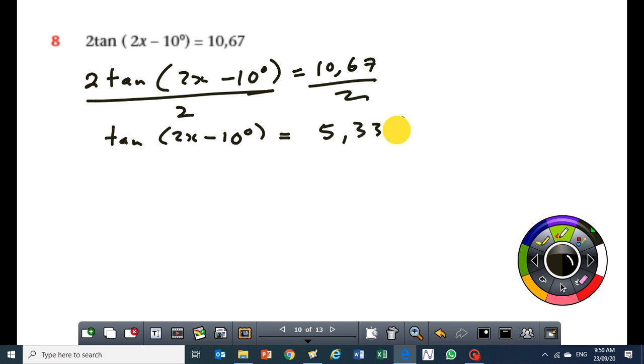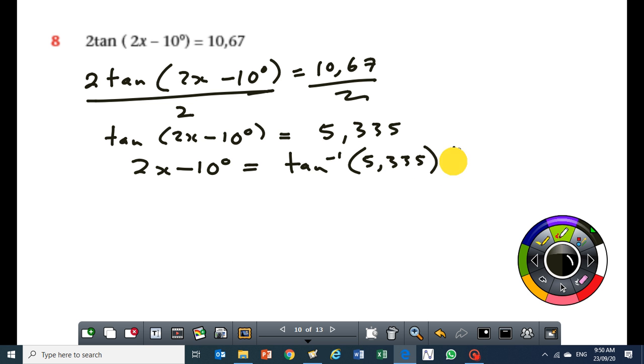Then the next thing, we remove the tan on the left, we take it to the right, it becomes arctan. So you end up having 2x minus 10 degrees is equal to arctan 5.335. Because it's tan, I'm going to add k times 180, where k is an element of integers. What is arctan of 5.335?